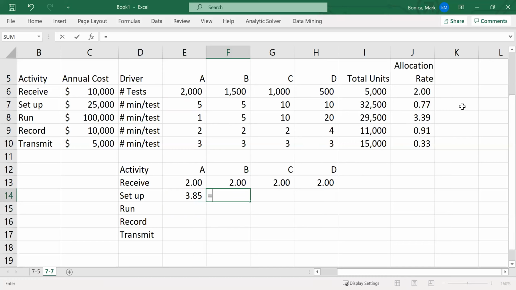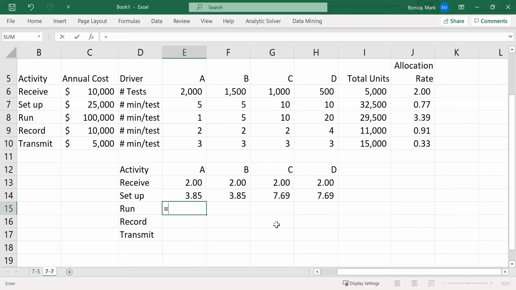Then for B, it's going to be 5 times 77 cents. For C, it's going to be 10 minutes times 77 cents. And for D, it's going to be 10 minutes times 77 cents. And what you can see is the difference here is we're using the same rate, but we get different numbers based on how many minutes of time it takes to set up.